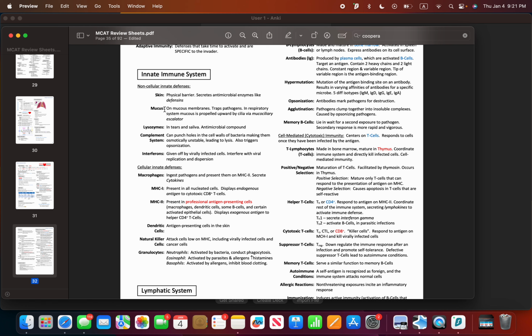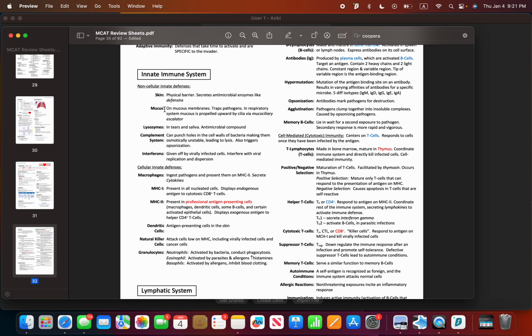We have mucus in our saliva and in our respiratory tract, our airway pathways, and the mucus is propelled upward by cilia via the mucociliary escalator. So actually mucus goes against the direction of gravity, and it can come upward via the mucociliary escalator.